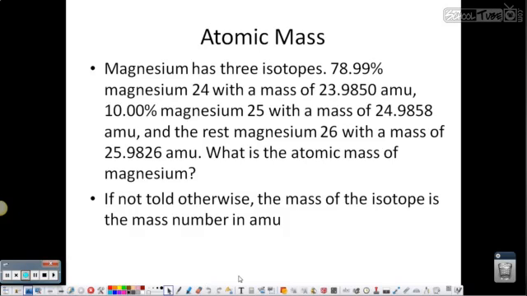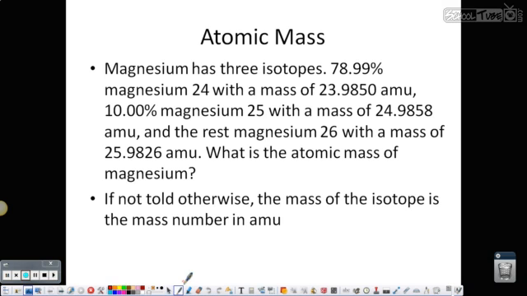Alright, in working this particular problem to find the average atomic mass, remember that you have to take the decimal percent. To get the decimal percent, you take the percentage divided by 100.